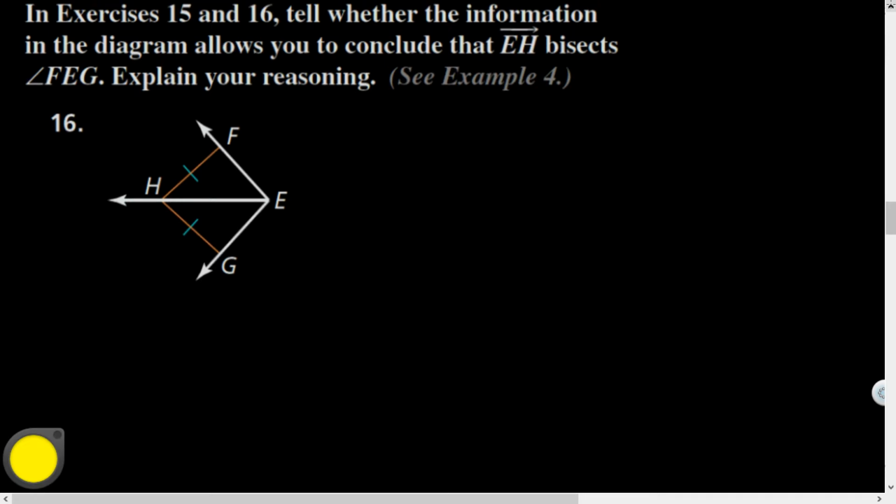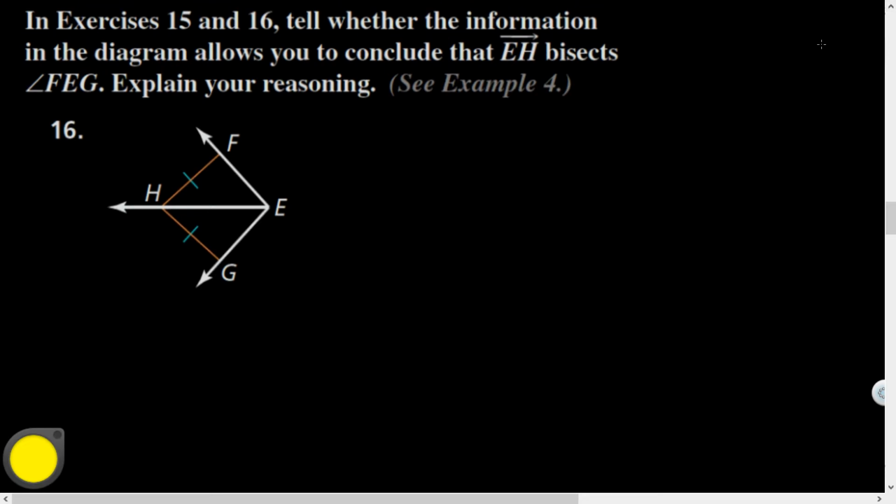All right, here's a problem. Tell whether there's enough information in the diagram that allows you to conclude that EH bisects the following. So guys, I've got these two segments. They're congruent. Wait a minute. H is equidistant from F and G, these points. But I don't know if these are perpendicular. I have no idea what these angles are.